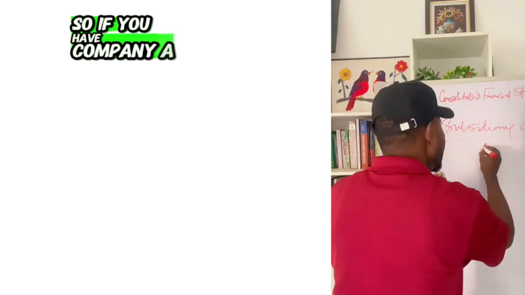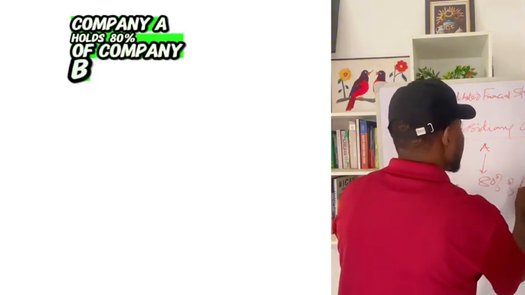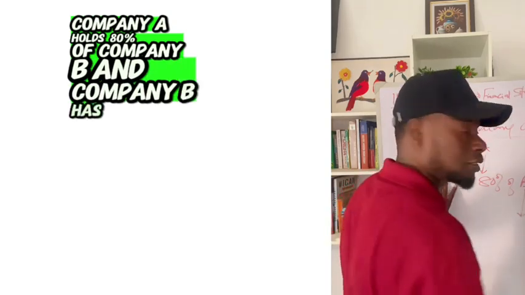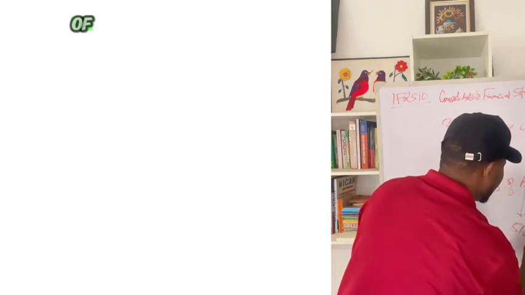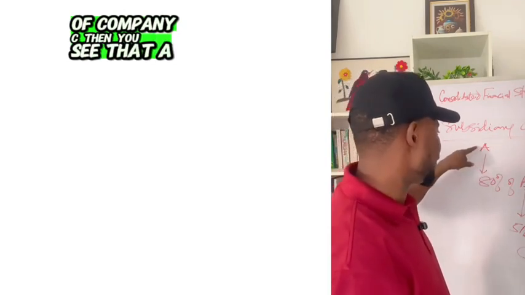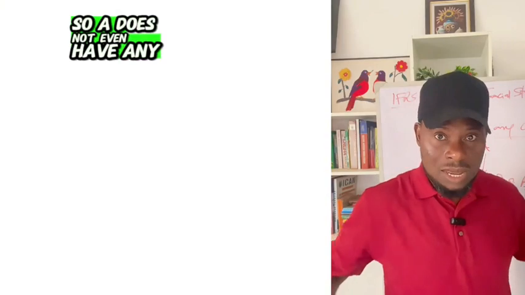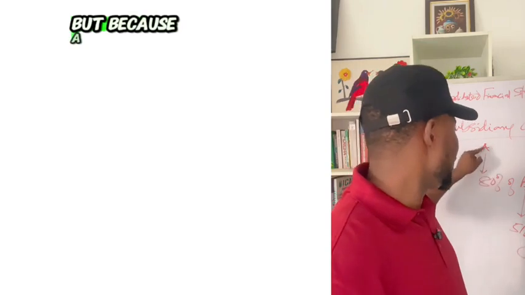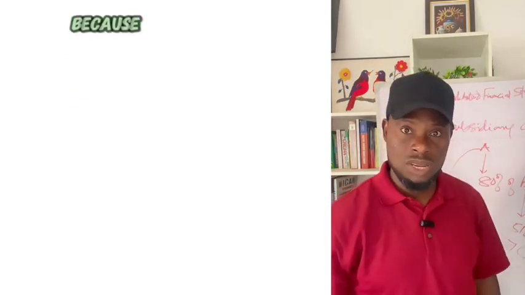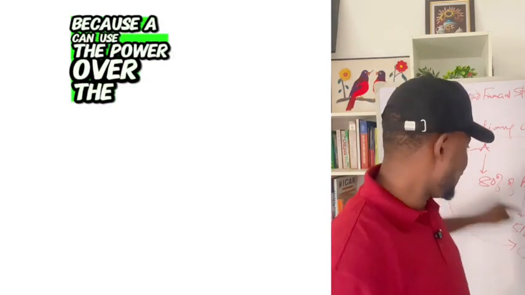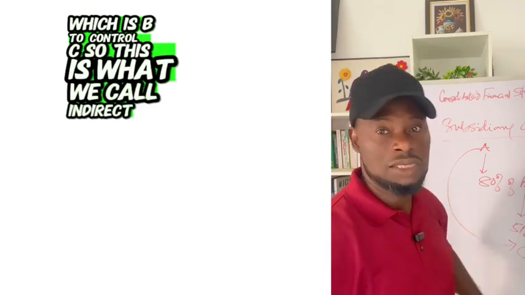So if company A holds 80% of company B, and company B has 51% of company C, then you see that A is controlling B and B is controlling C. So A does not even have any percentage of holding directly in C, but because A controls B, A is able to indirectly control C because A can use the power over the investee, which is B, to control C. So this is what we call indirect holding.